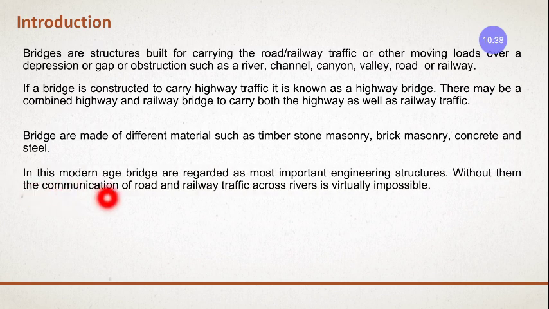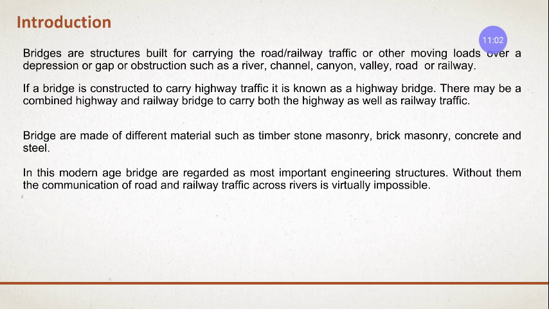In the modern age bridges are regarded as the most important engineering structures. Without them, the communication of the roads and railways across the rivers is virtually impossible. Right? What he's trying to say in the last point is that in this modern age we want to have connectivity to all places.